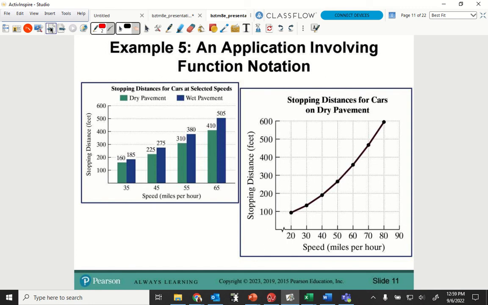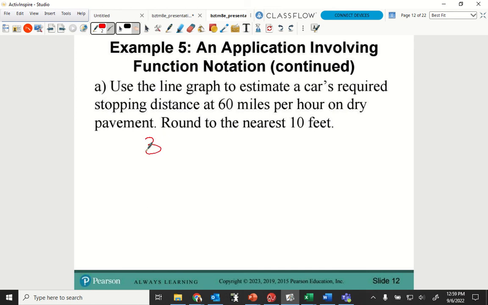Find 60 miles an hour, right? Right here. I go up. There we go. And where it crosses my function is right there. So what I'm looking for is, what is the distance when I'm traveling 60 miles an hour? Give me an estimate. 350, 360, right? Looks like it's a little bit more than half. So let's say 360. So it's about 360 feet.